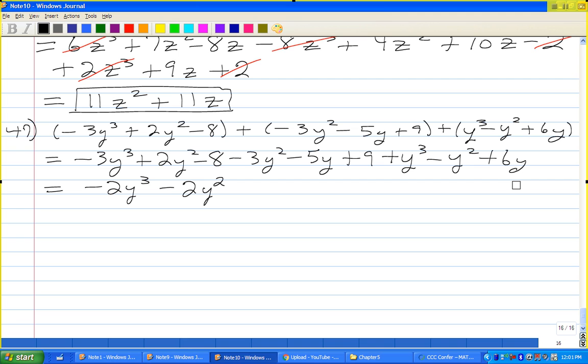Minus 5y plus 6y is 1y. Minus 8 plus 9 is plus 1. And that is the sum of all those polynomials. 49.